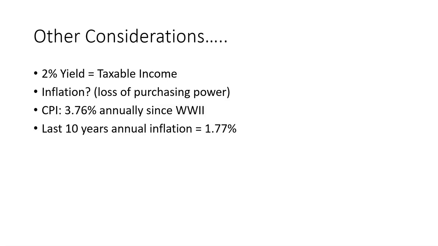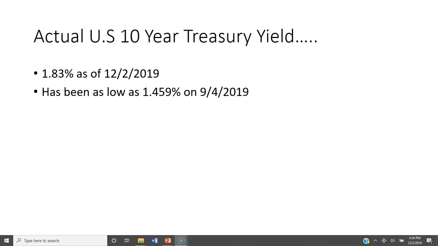And so you can see here that even if inflation was only 1.77%, you still are maybe at best keeping pace with inflation with a 2% yield. So these low rates of return on bonds these days are really horrendous for conservative savers.